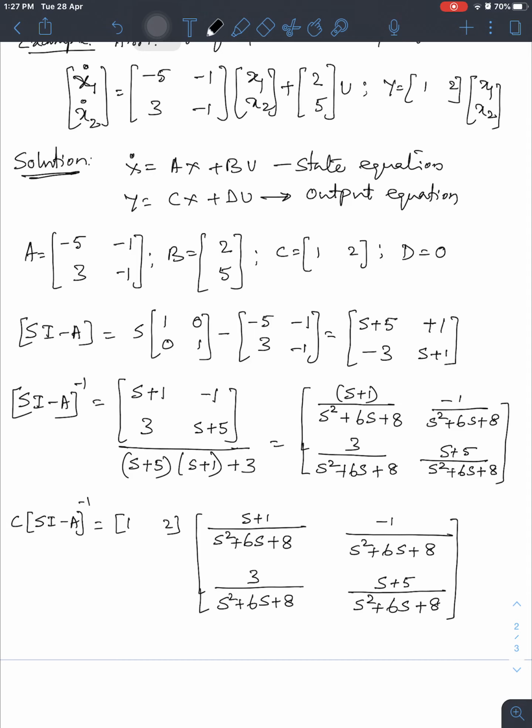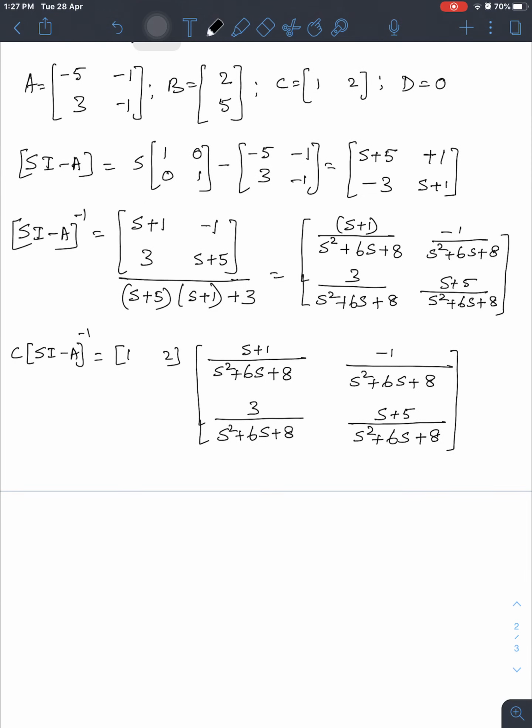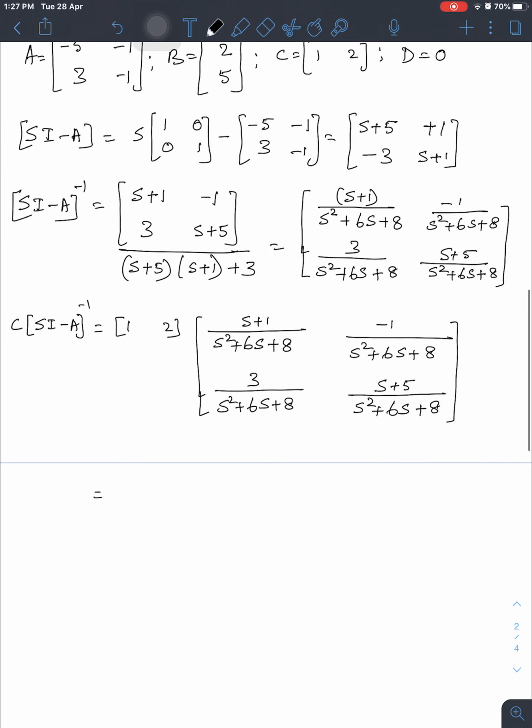Alright, now we will do the multiplication. So it's 1 row and 2 columns and 2 rows and 2 columns. First row and first column will be equal to s plus 1 divided by s square plus 6s plus 8, plus 2 times 3, that is 6, divided by s square plus 6s plus 8.